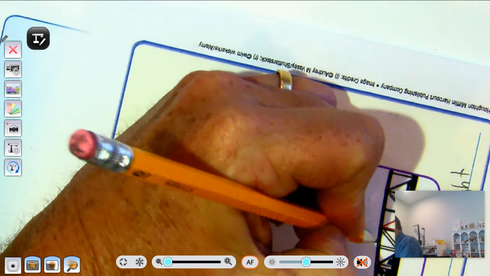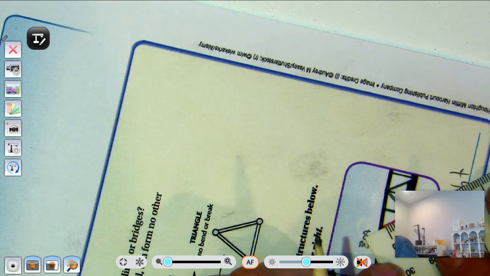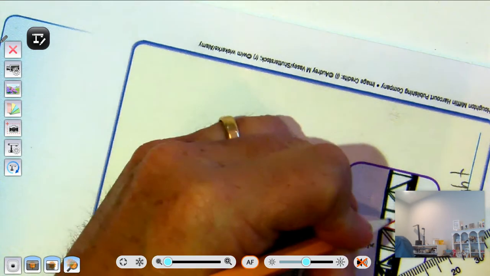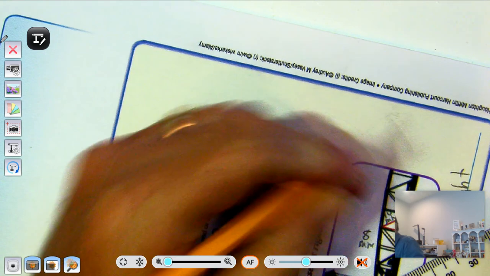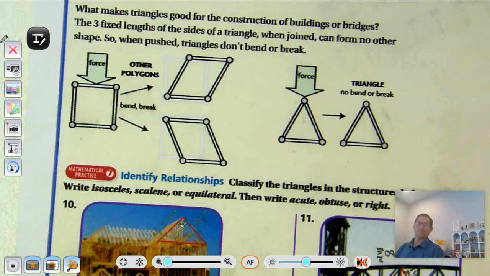Eight millimeters, and 10 millimeters. So scalene. None of the sides were equal. Okay.